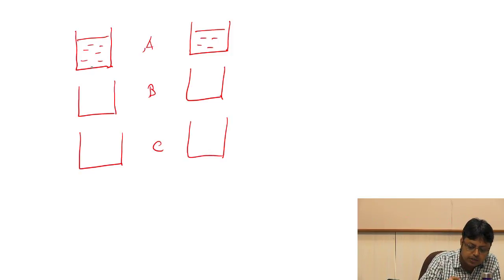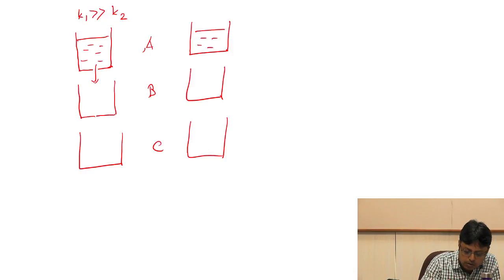Now suppose I punch a hole here, which means I have k1 much, much greater than k2. The water is pouring here into B, but B also has a hole, but that hole is much smaller. So what will happen?